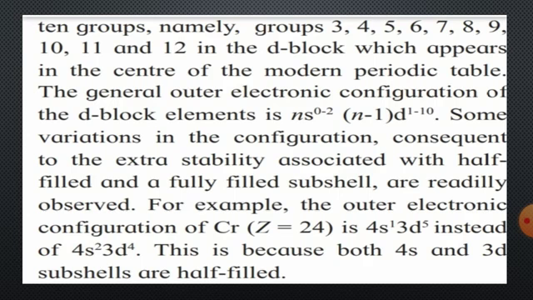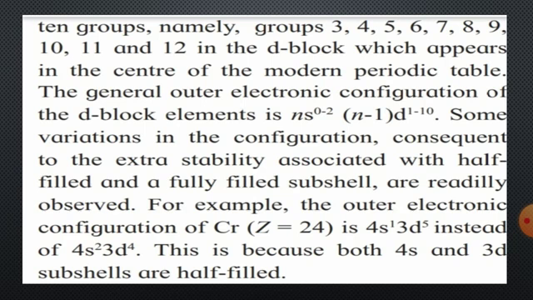Due to some variation in the configuration, the general outer electronic configuration of the d block element is given as ns0 to 2 (n minus 1) d1 to 10, because of the extra stability associated with half-filled and completely filled subshells. As we know, half-filled and completely filled subshells have extra stability.